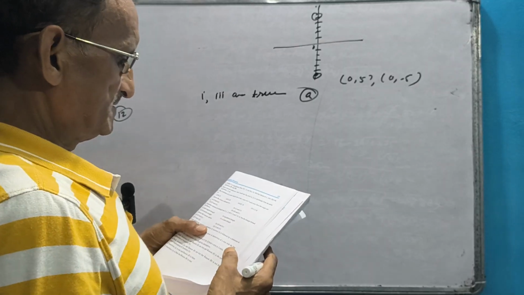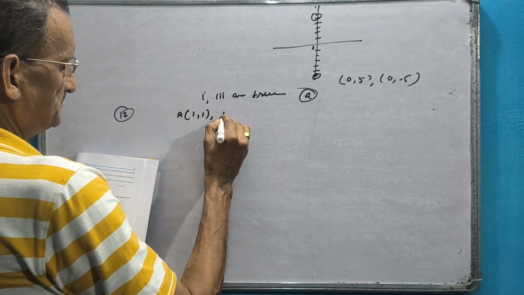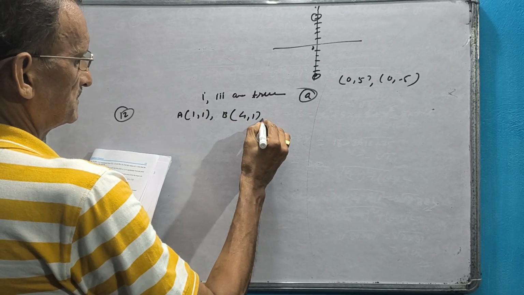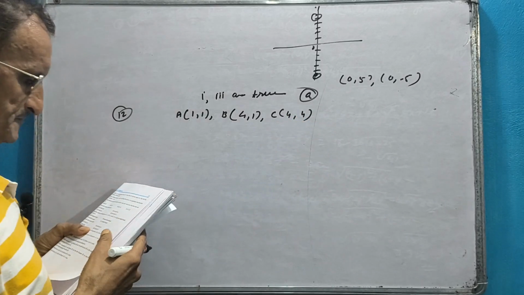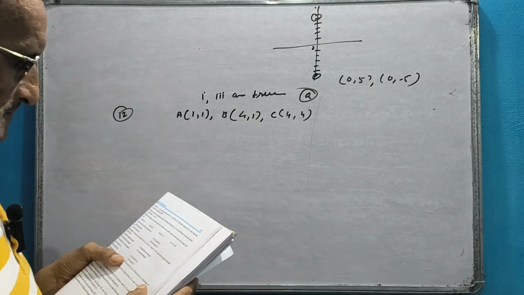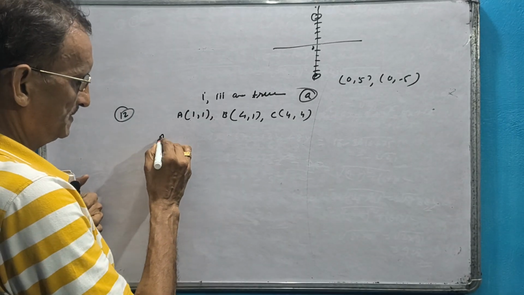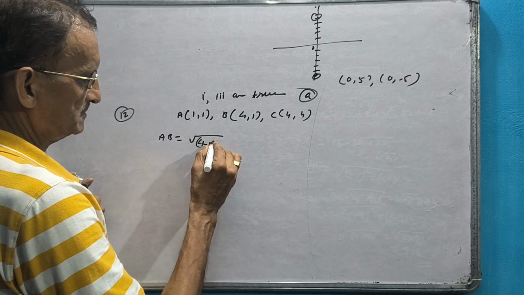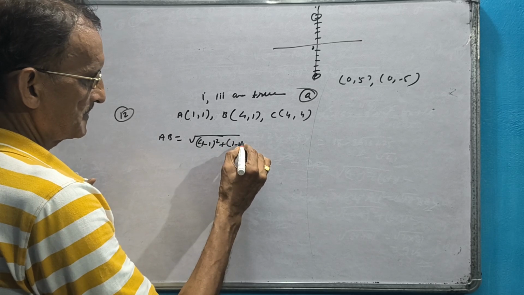Number 2. If 3 vertices of a triangle are given, A (1, 1), B (4, 1), and C (4, 4), then the triangle formed by them is what type of triangle? So we need to find AB. AB equals root of (4 minus 1) whole square plus (1 minus 1) whole square.